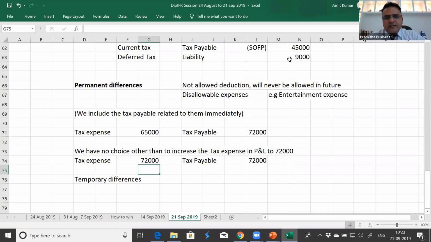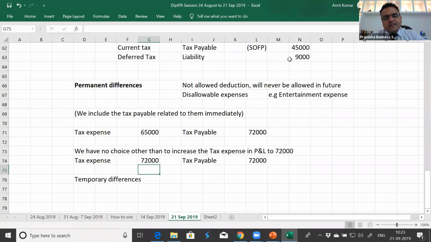According to your accounting principles, your profit and loss account, your presentation of financial statements may allow some expense to be included to calculate your profit. That entertainment expense is a welfare expense. This is required to boost the confidence of the employees. This is a mandatory expense which the company should incur, and this is going to give us benefit in future in terms of increase in revenue because employees will be motivated and they'll be doing some extra work and the company will be benefited at large.